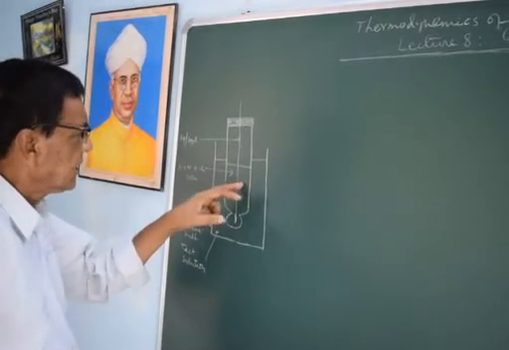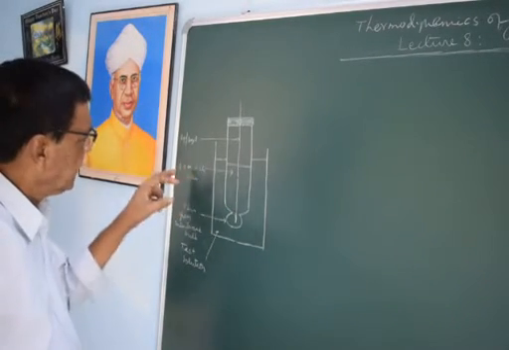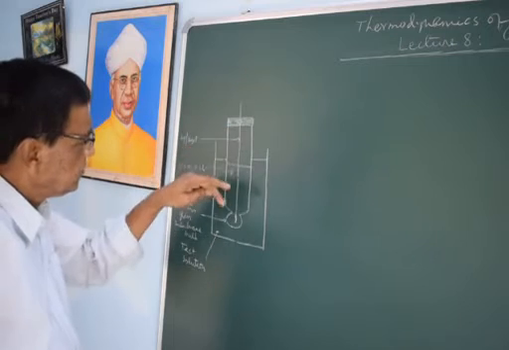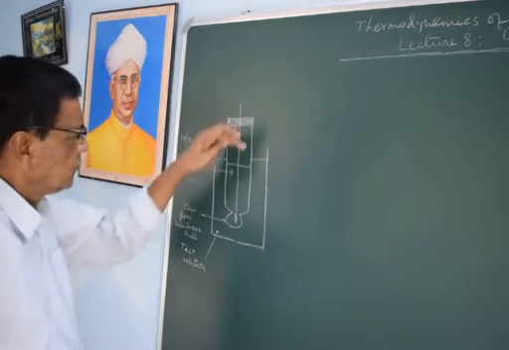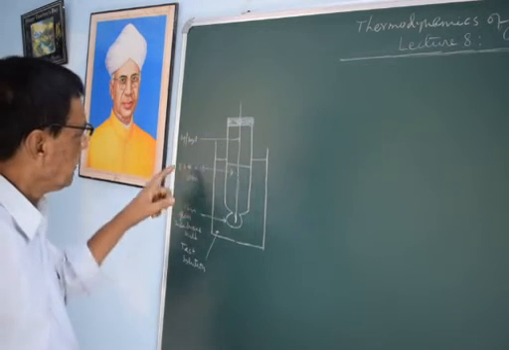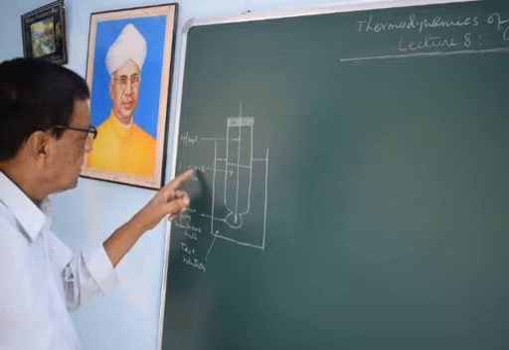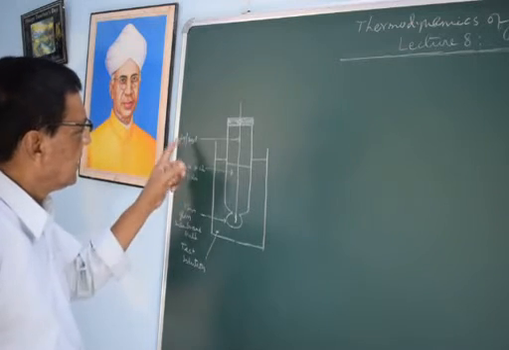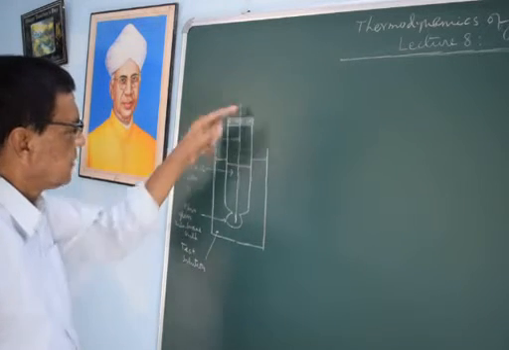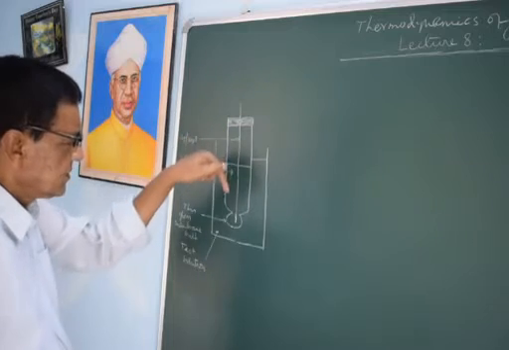Internally, this is a glass tube filled with 0.1 mole hydrochloric acid, within which the silver chloride terminal is dipped.